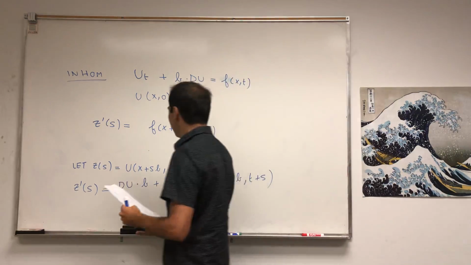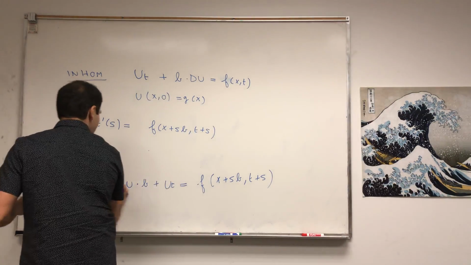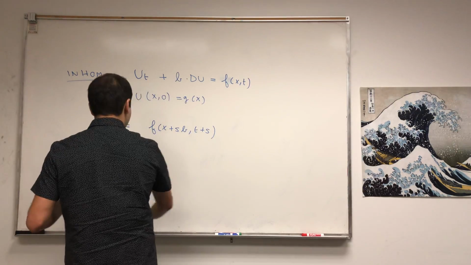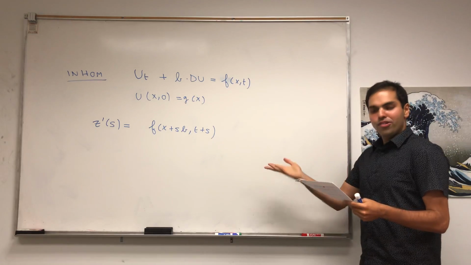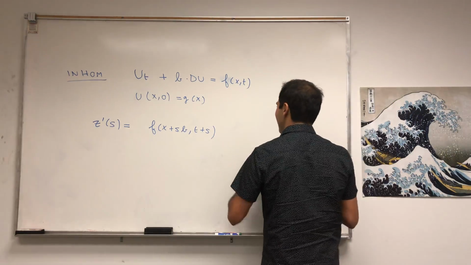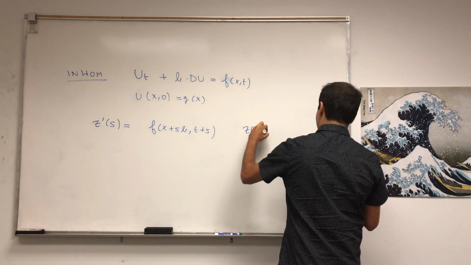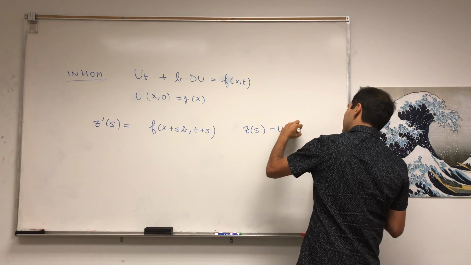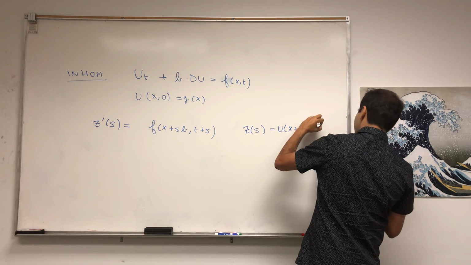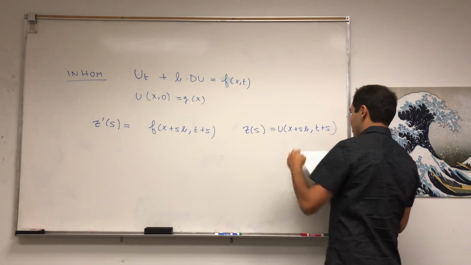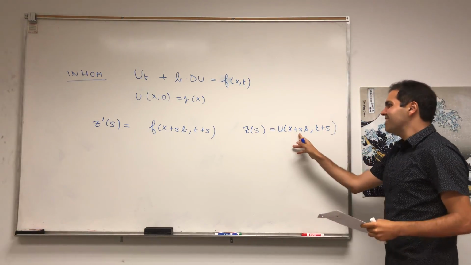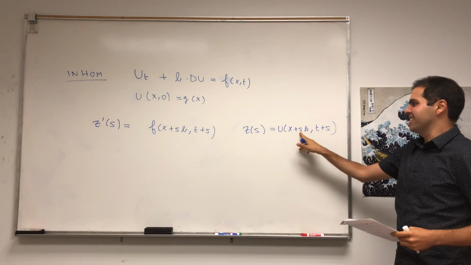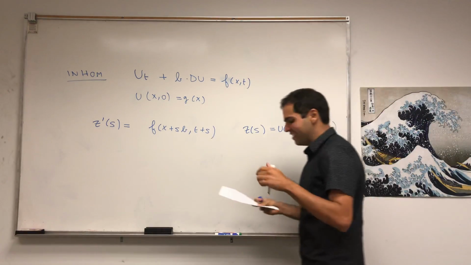But now let's be a little bit clever about this and choose very good endpoints. Because of course, we had z of s to be u of x plus sb, t plus s. Of course, we want to relate the value of z at 0, because this gives us u of x, t.